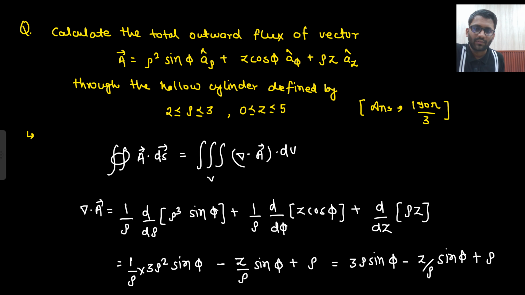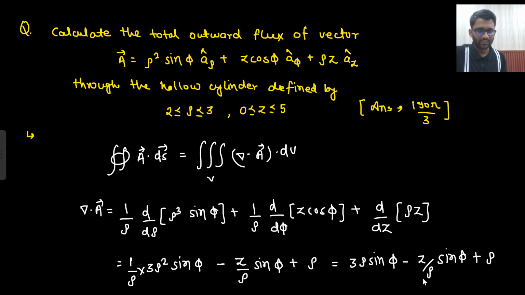So now I am calculating del dot A dv. Limit of rho is going from 2 to 3. Z is going from 0 to 5, and phi is going from 0 to 2 pi only. Phi is not even mentioned.